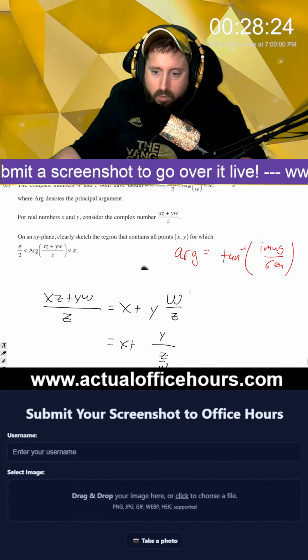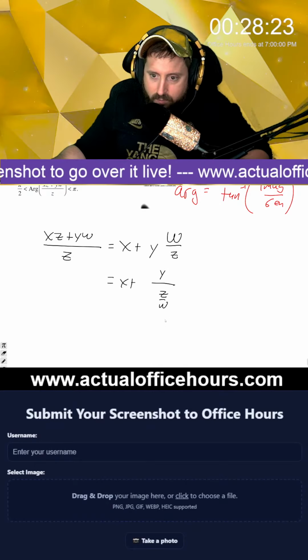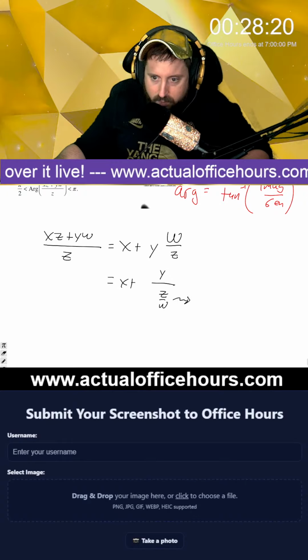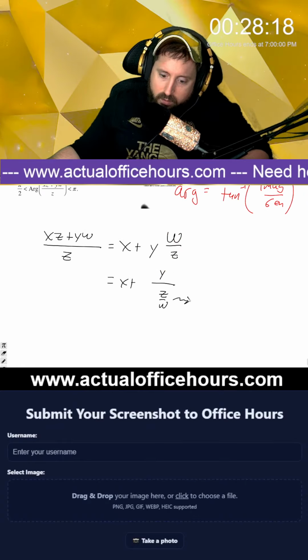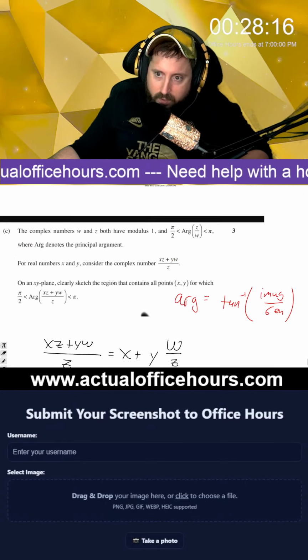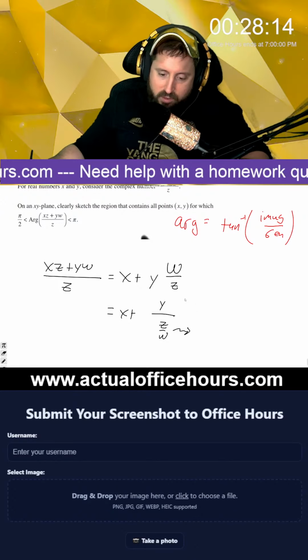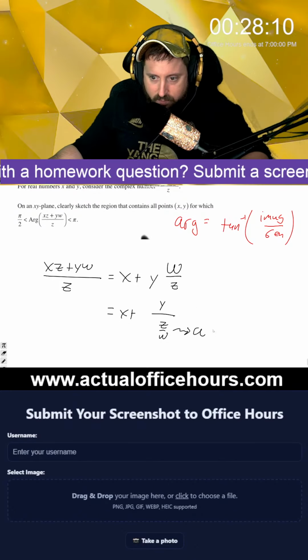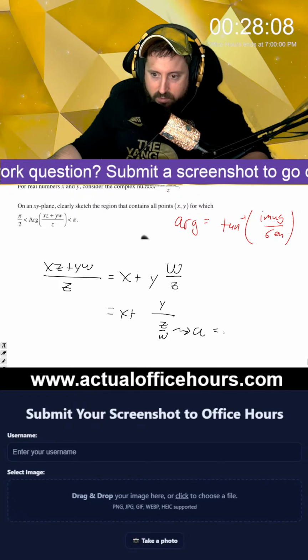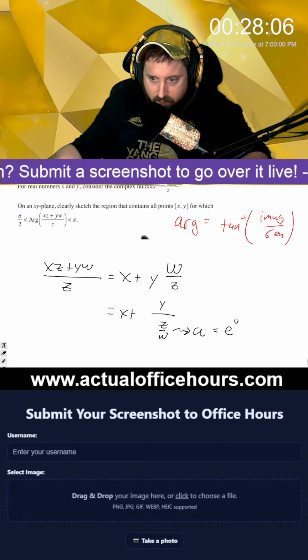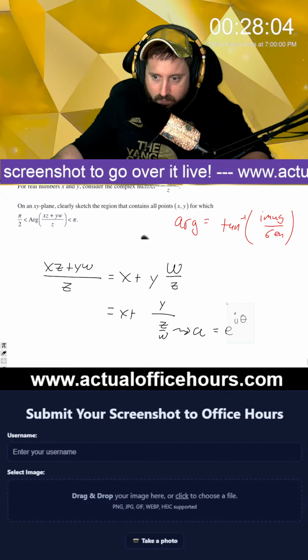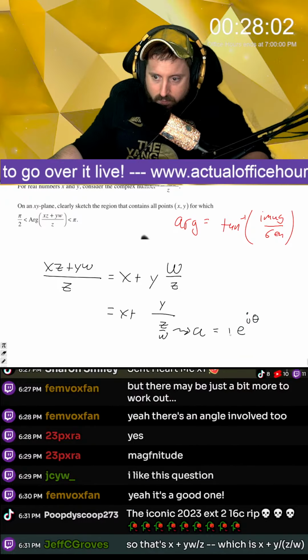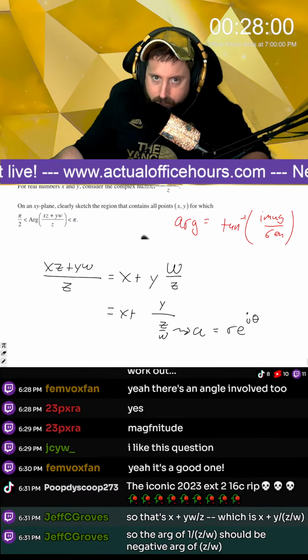Okay. And what if we define this? Let me call it A, for instance, which should be some r e to the I theta.